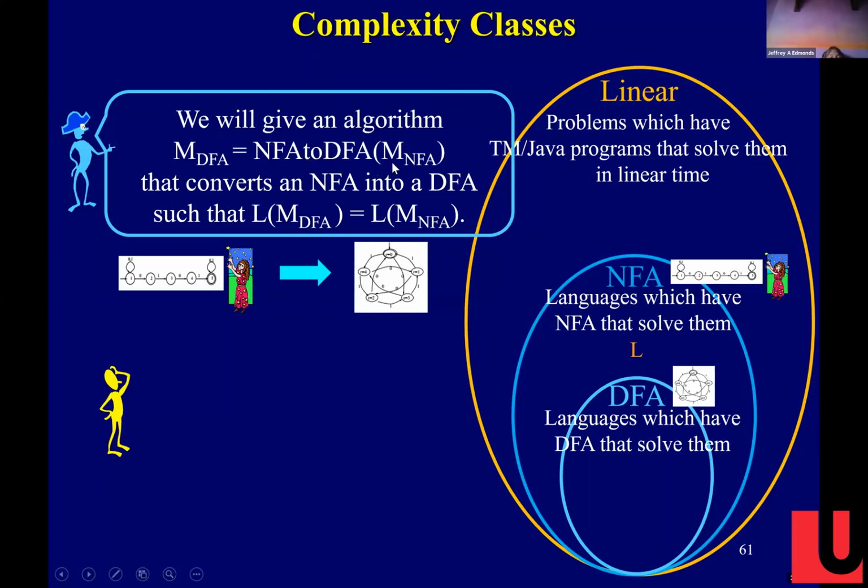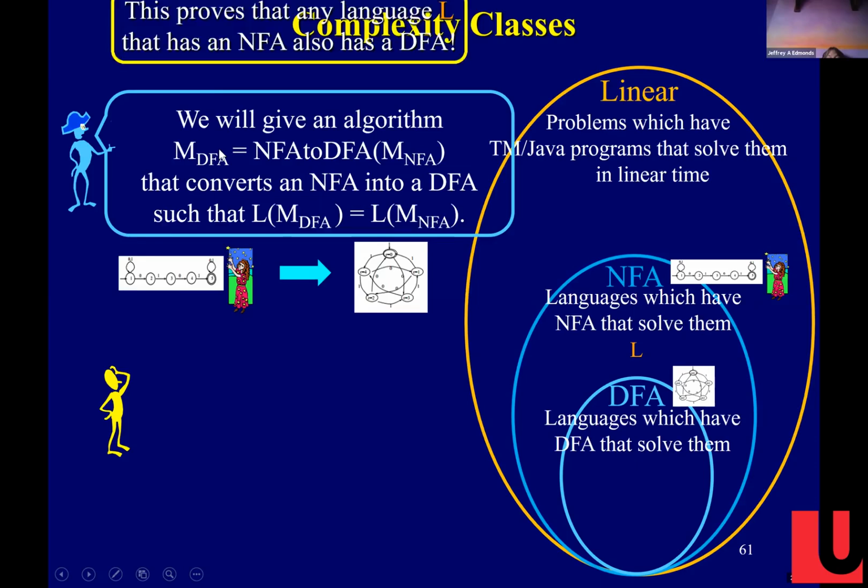Now we're going to do something else. You give me an NFA, and I'm going to convert it. I'm going to have a program here called NFA to DFA. You give me an NFA, I'm going to give you a DFA that does the exact same language. And what's that going to prove?